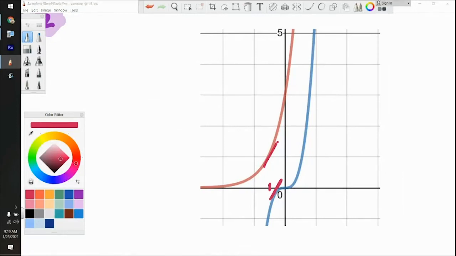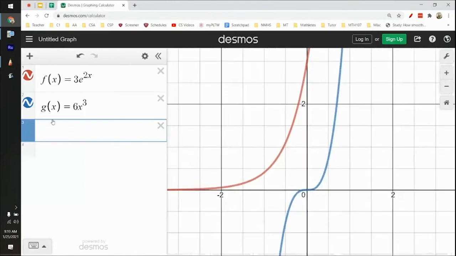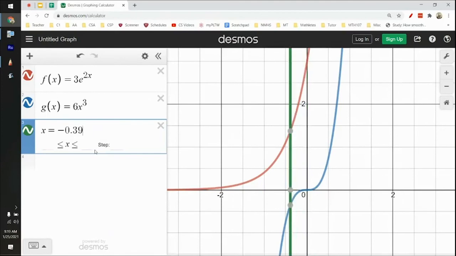Okay, so what I'm going to try to do is local linearization on this. Here, let's do this. X is equal to negative 0.391.